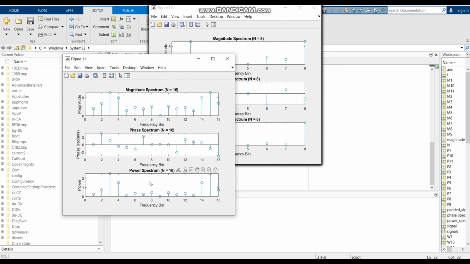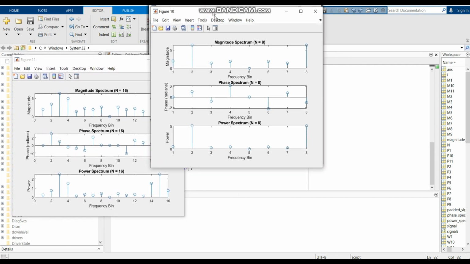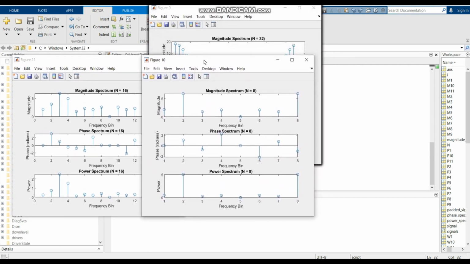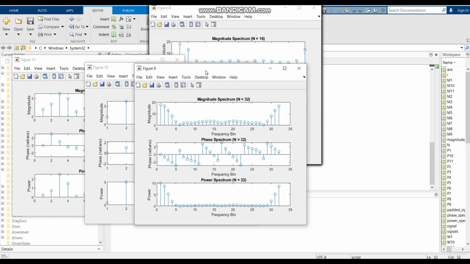This code facilitates the analysis and visualization of frequency characteristics for a variety of discrete signals with different lengths and degrees of zero padding. So we can see that 11 figures are generated because of the signal length, and each figure represents the three different spectrum analyses for specific arbitrary signals.